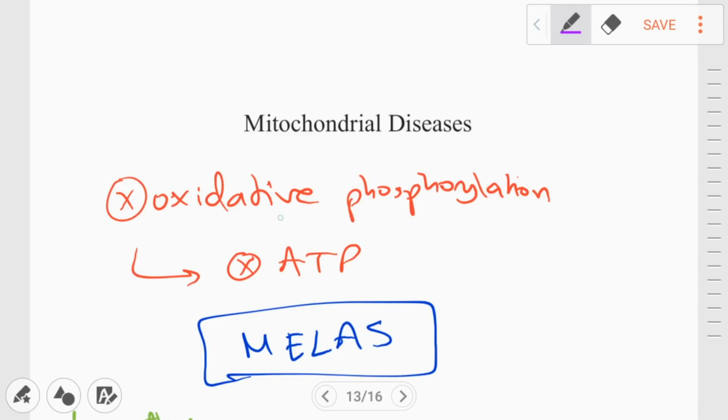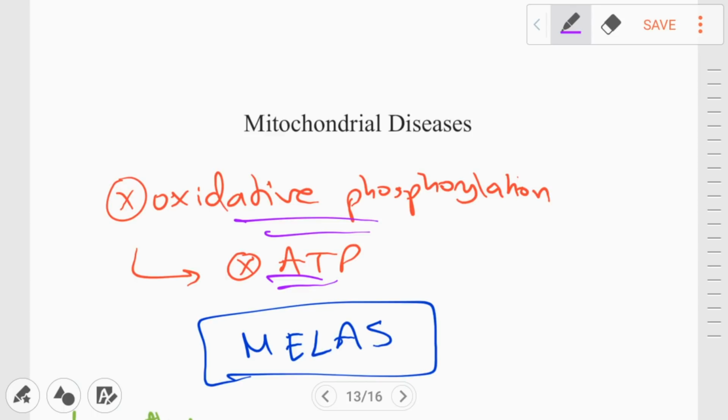It is here that oxidative phosphorylation happens, which is the process by which energy in the form of ATP is generated, right? So a defect in the mitochondria always results in a defect in ATP formation, and whenever our body goes through a stressful situation, ATP is required to deal with the stress, and thus in times of stress, like infection or fasting, the lack of ATP results in the symptoms of mitochondrial disease.